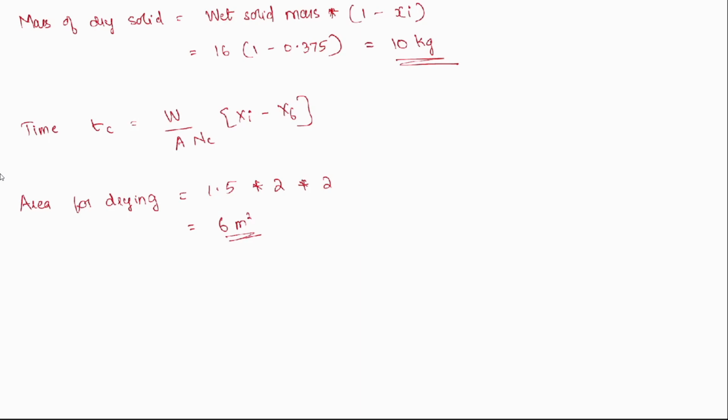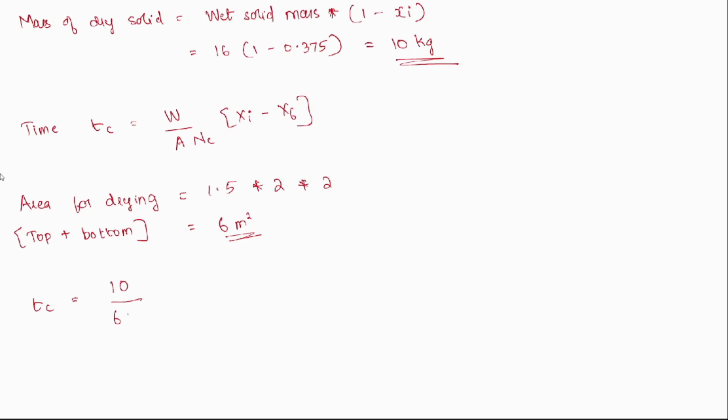So the area for top side will be 1.5 into 2. Similarly, the area for the bottom side will also be 1.5 into 2. So 1.5 into 2 plus 1.5 into 2 will give you 6 meter square as the drying area, for top plus the bottom part of the sheet.